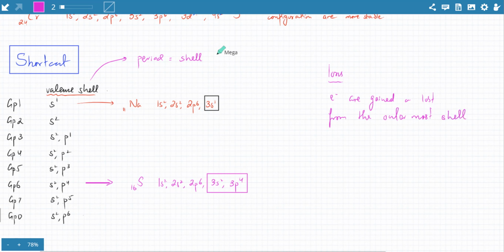For example, if you have copper, copper's electronic configuration was 3d10 and 4s1.